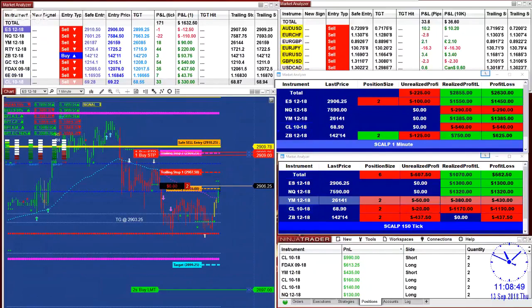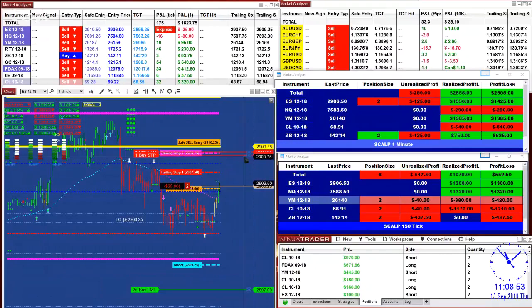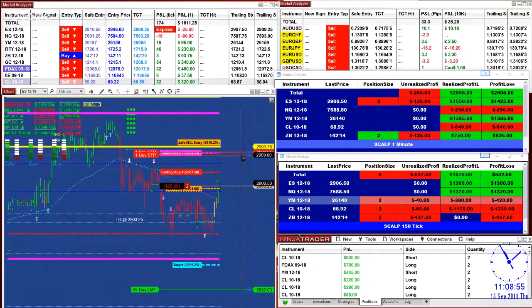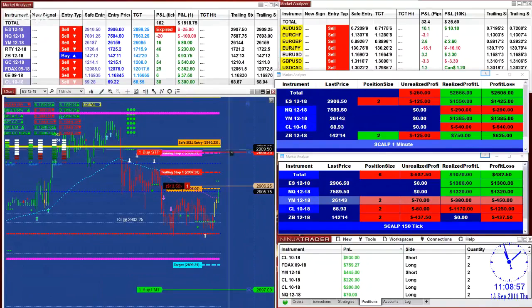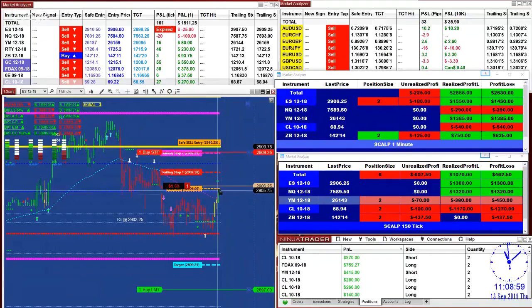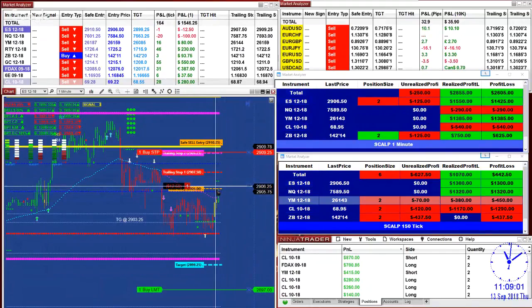I think the party is over on the ES, and whoever made money made money. I'm going to be closing this one, and whoever didn't make money is not going to make money. So the trade is over on the ES. We have a new buy signal on the CL.